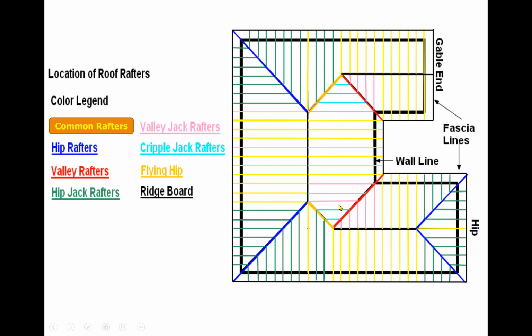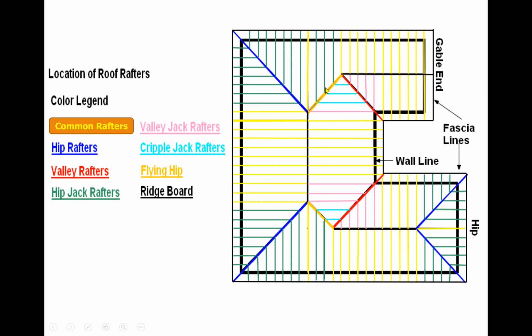So it's valley jack. But these are also touching the valley rafter. But guess what? They're not coming from any ridge board. They're coming from the blind hip. So that one is called a cripple jack rafter. So you have three different kinds of jack rafter. You have hip jack, valley jack, and cripple jack.